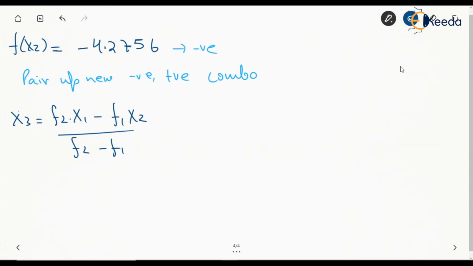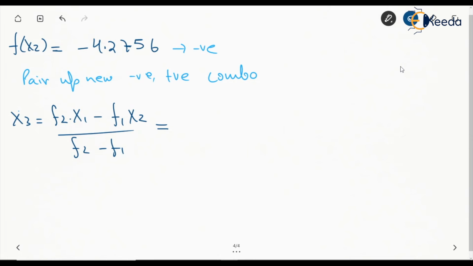We are dropping the first combination because that is the combination of 5. So we'll drop 5, we'll keep 8, and we will also keep the new one, which is 6.6559, because they are having the opposite nature, like one is having positive and one is having negative value. So this is how we'll proceed, and in this case we'll put these values again. Of course you can put all the values here.